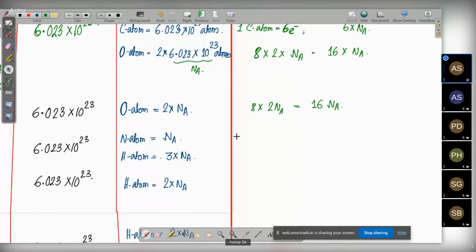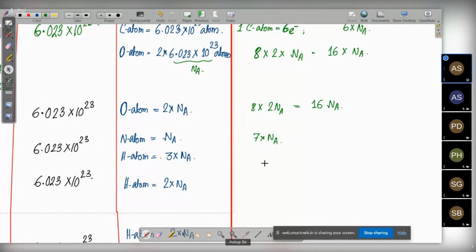Then tell me how many nitrogen electrons there are. One nitrogen has 7 electrons, from the periodic table. So this many nitrogen atoms will have 7 into Avogadro number. How many hydrogen electrons are there?